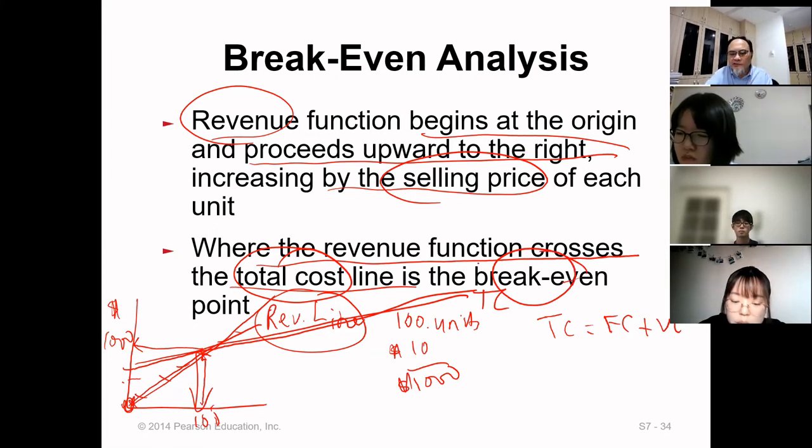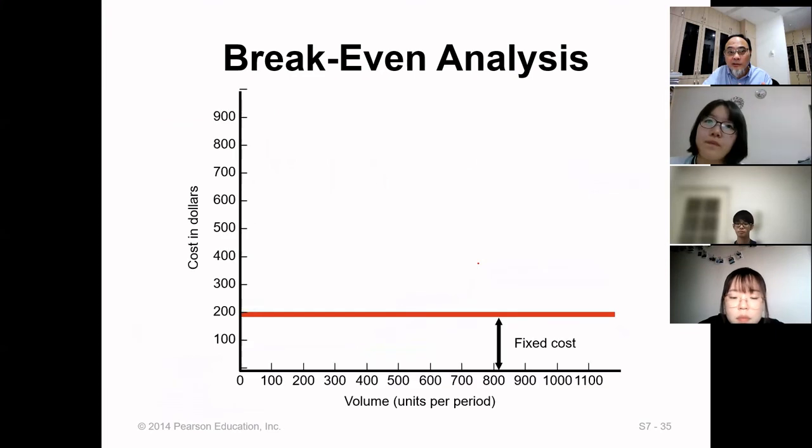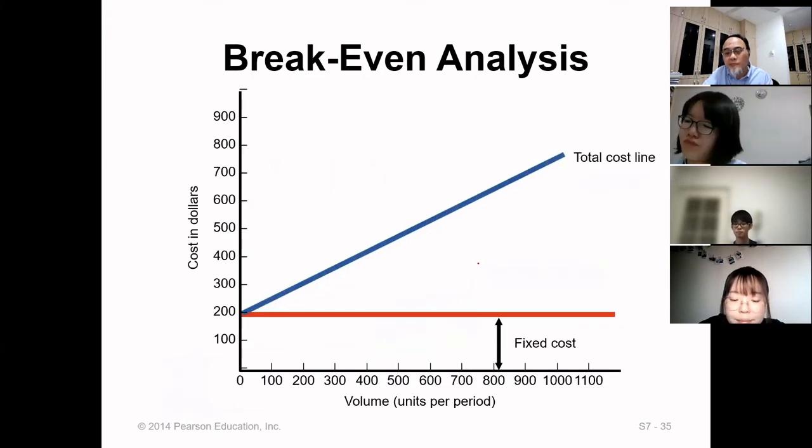Think break even: no profit, no loss. Initially there is a loss because cost is higher than revenue, which means no income. So this is the concept, the same concept.